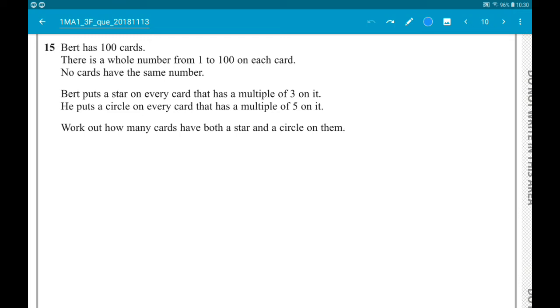So 3, 6, 9, 12, 15, etc. Bat puts a circle on every card that has a multiple of 5 on it. Work out how many cards have both the star and the circle on them. Okay, so really we need to work out the lowest common multiple of 3 and 5.